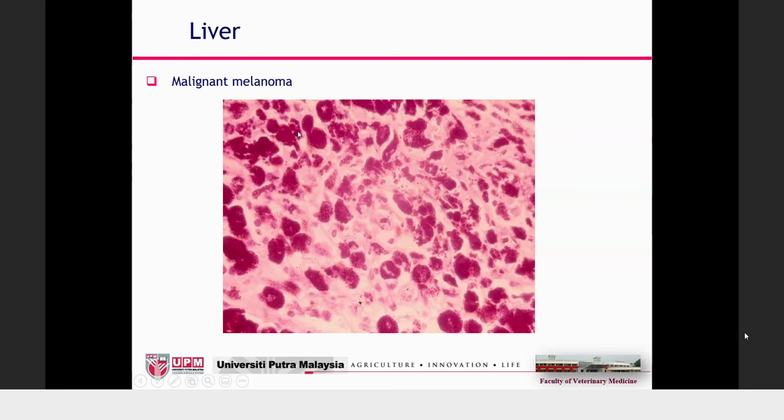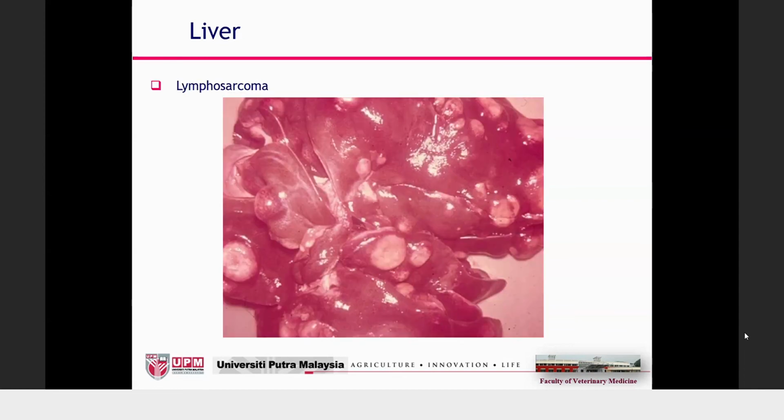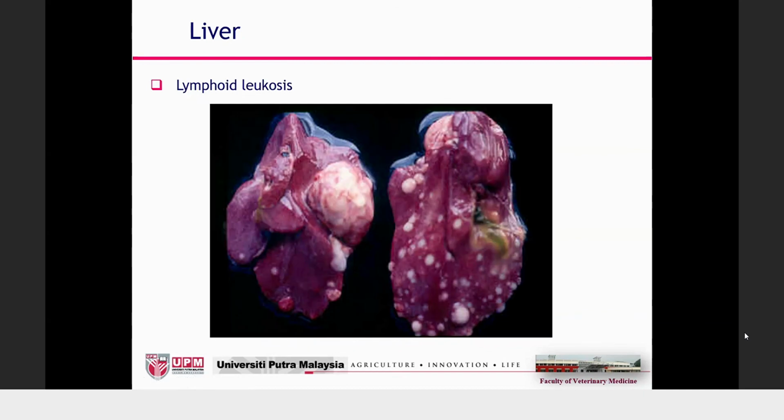Cases of melanoma will show the black pigment, not all the time but most of the time. And this is lymphocytoma. You can see neoplastic tissue all over the liver. You can see this in chicken also, tumor cells in the liver.